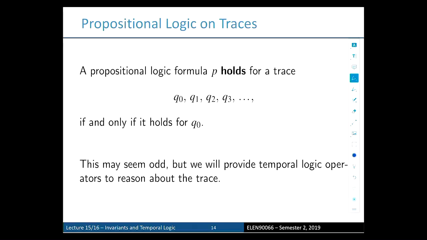That's how we define it. So if I look at the whole sequence of the trajectory, I test the first step against the formula I have. If it satisfies it, then I say the formula satisfies the whole trace. It's the definition, because it allows us to build things up in a bit.